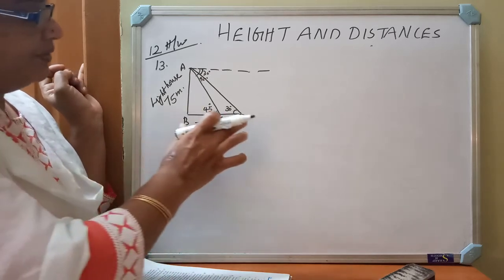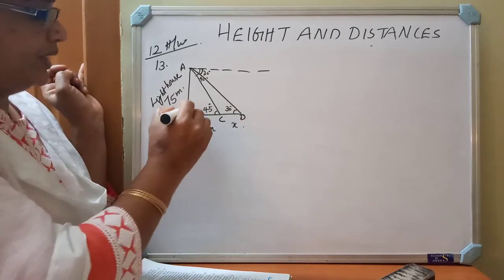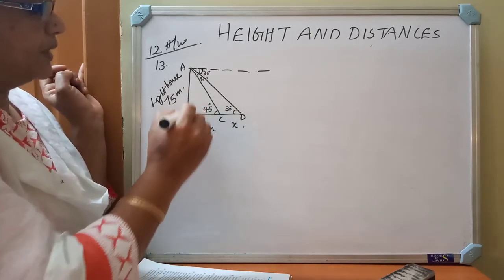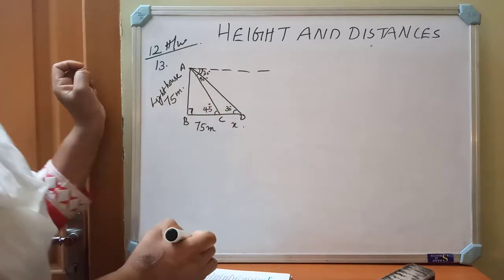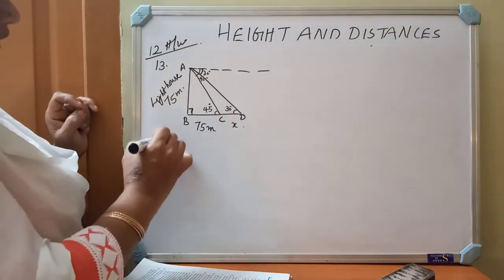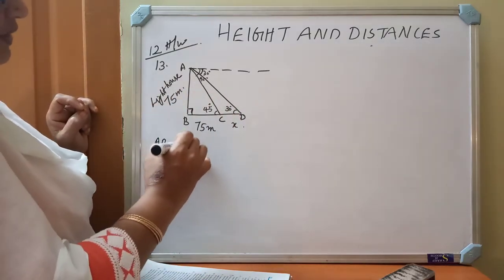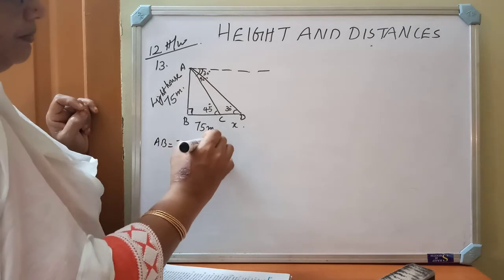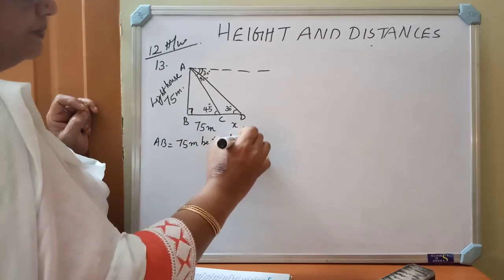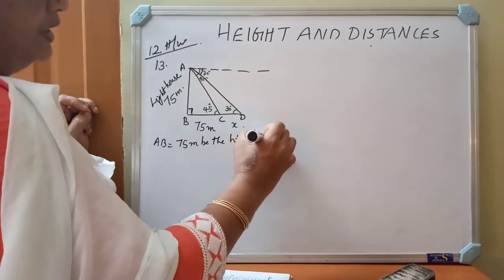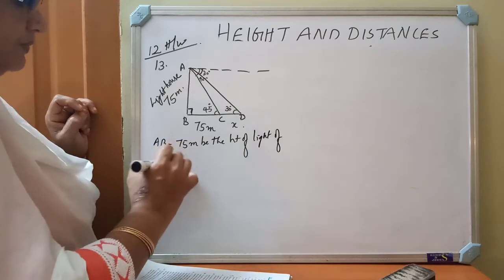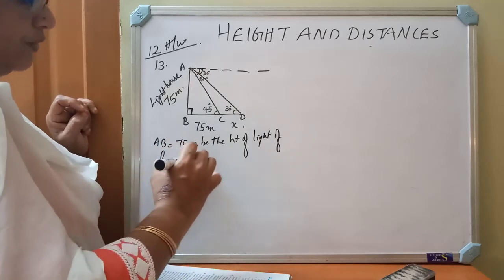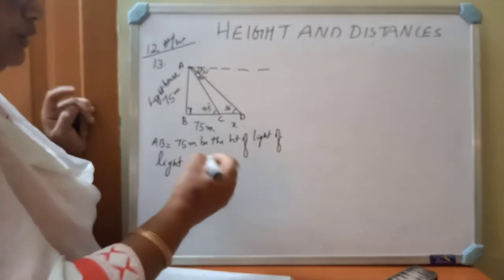So see that we will have two right triangles. What are the two right triangles? First I am considering the right triangle ABC. So you must write: let AB equal 75 meters be the height of the lighthouse, and A be the point of observation. That we automatically know.